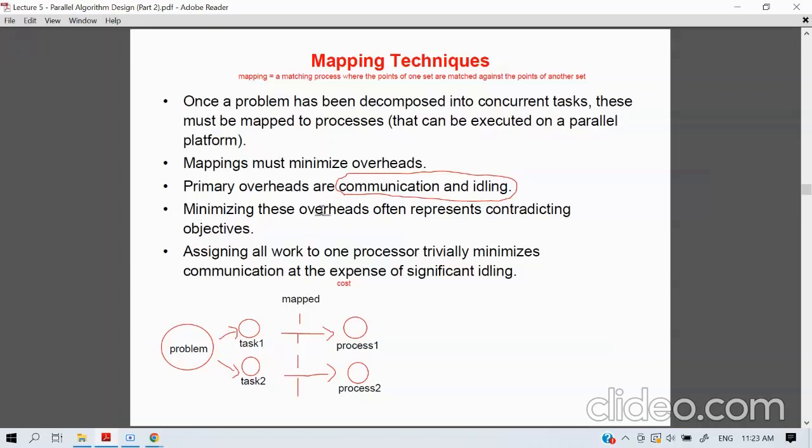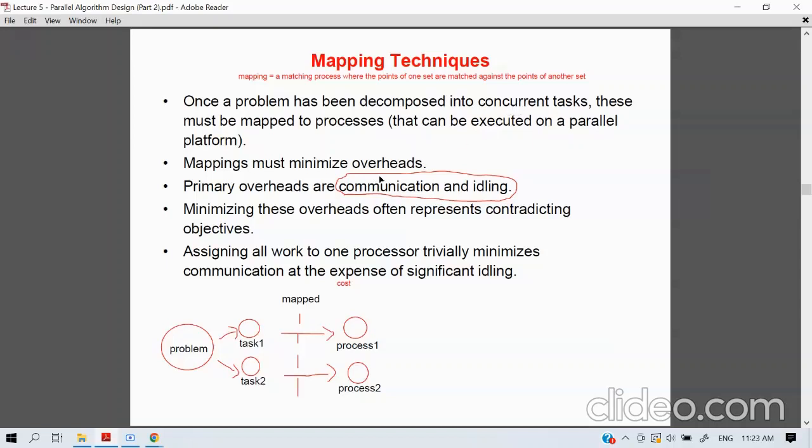Minimizing this overhead often represents contradicting objectives. Sometimes we need to consider these two overheads, and then we cannot maximize the parallel processing.